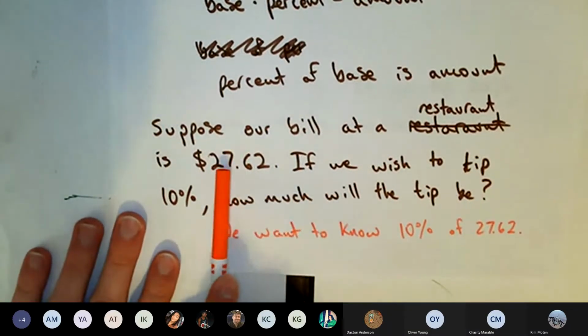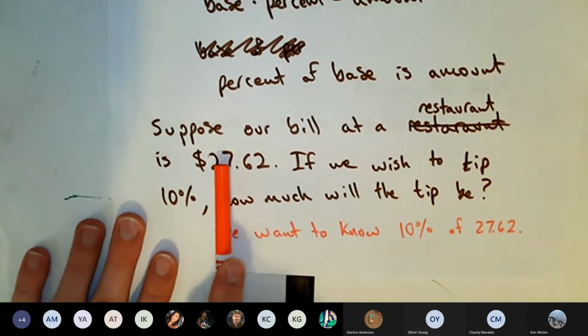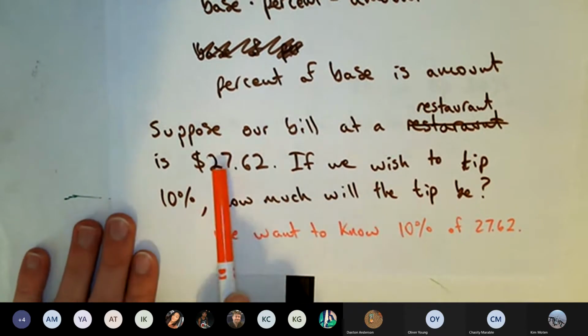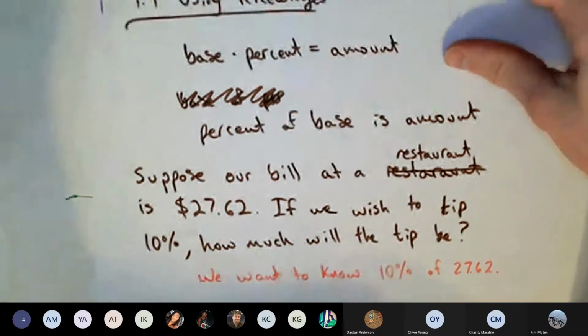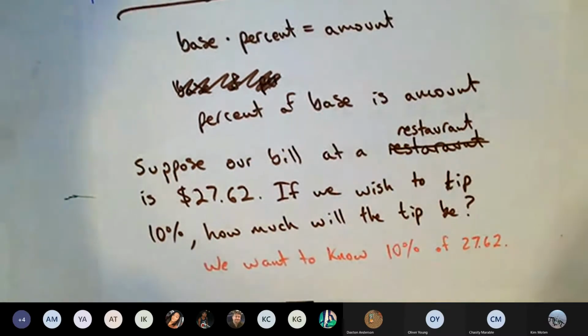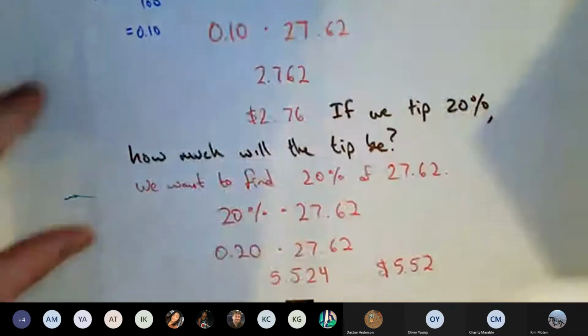You scoot the decimal out to the left 1 position and then double that number. So 2.76 times 2, you could say, that's between $5 and $6. So if you left $5 or $6, that would be an appropriate amount to tip here.